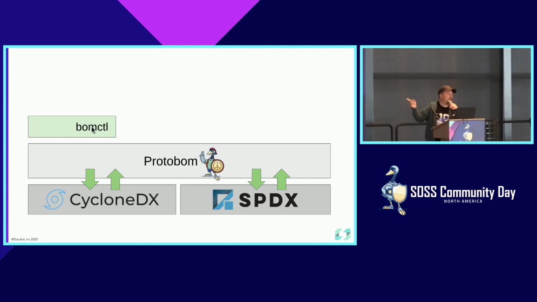Something that I'm really happy is happening from the collaboration with bomctl, and this just happened over the past 2 weeks, is that we now have plans to offer a storage backend system for protobom.